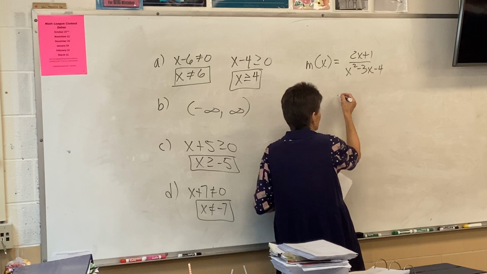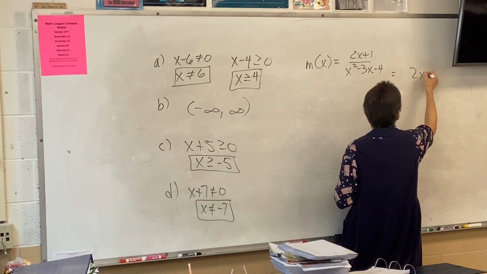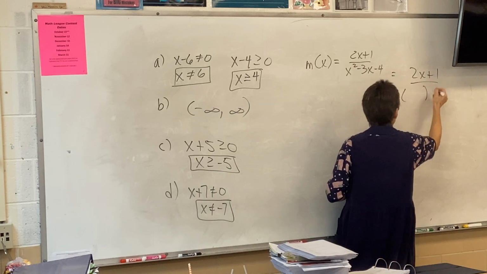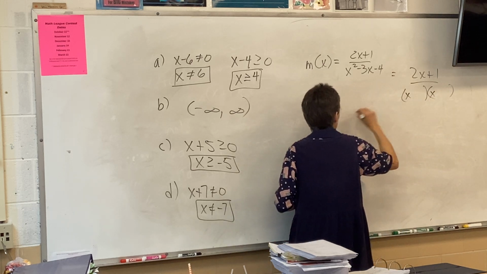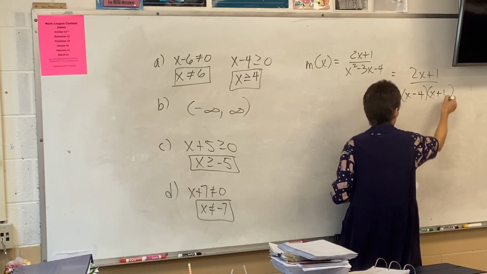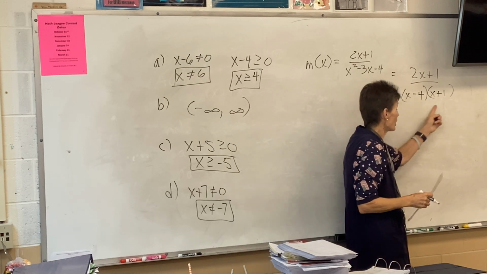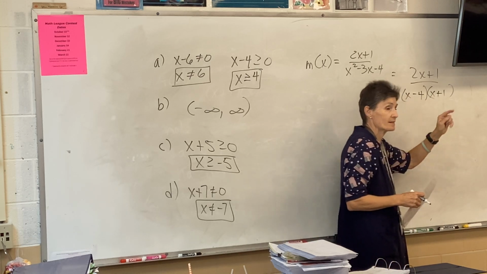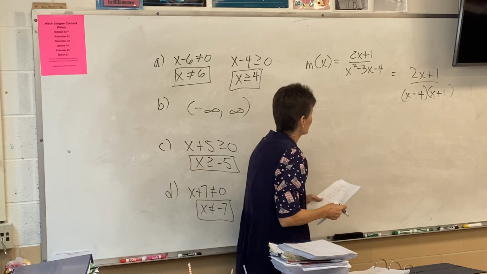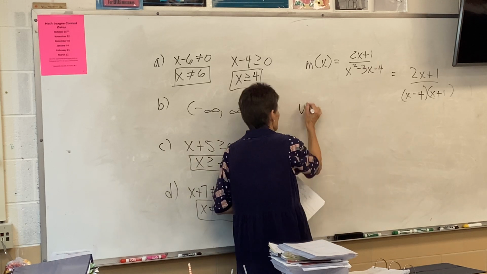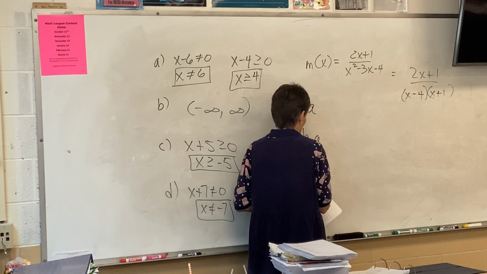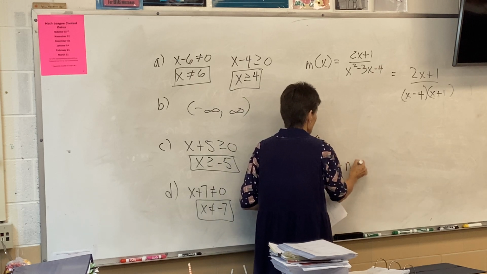Now, obviously, the top isn't going to factor, but the bottom will factor into what? x minus 4 times x plus 1. I'm going to do a quick check there, making sure I don't miss that, because if I miss it, I'm in trouble. Nothing cancels. So what does that mean? No holes. So I write none.